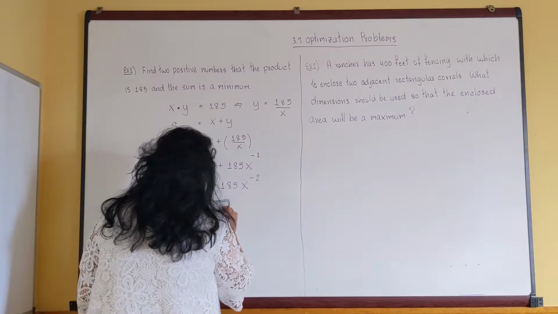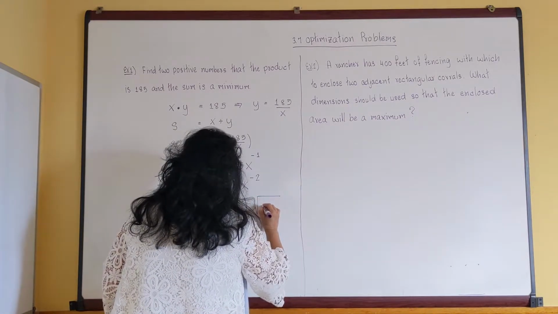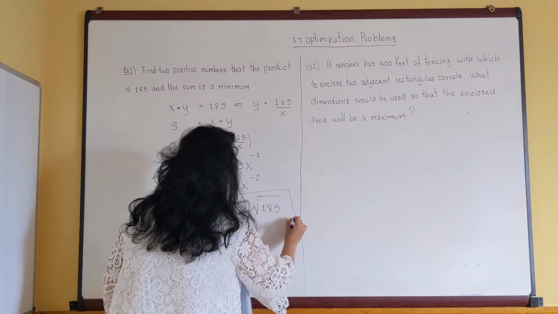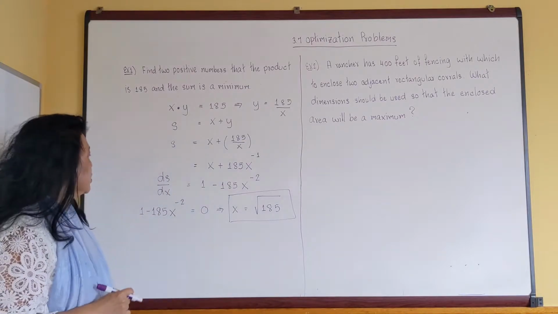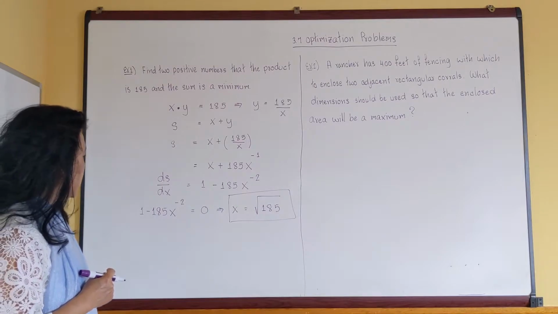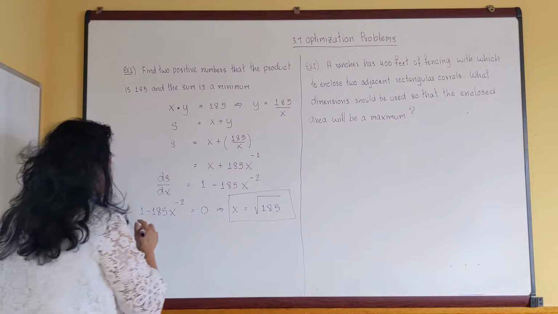If I solve for x, my x is going to be the square root of 185. And I'm going to use the second derivative test, not the first derivative test, so we take the derivative of this again to get the second derivative.